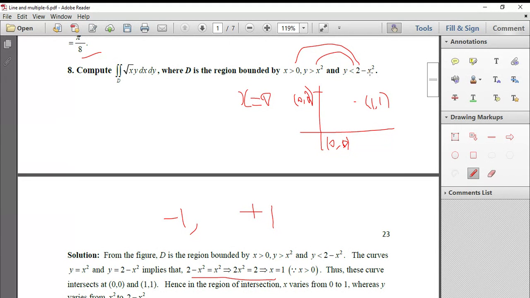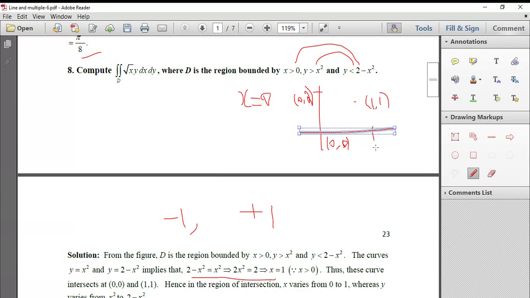When x is 1, what will be your y? 1. So this point. Right? When x equal to root 2, what do you get? Root 2 whole square is 2. 2 minus 2, 0. So this point at root 2 comes over here on the x-axis.